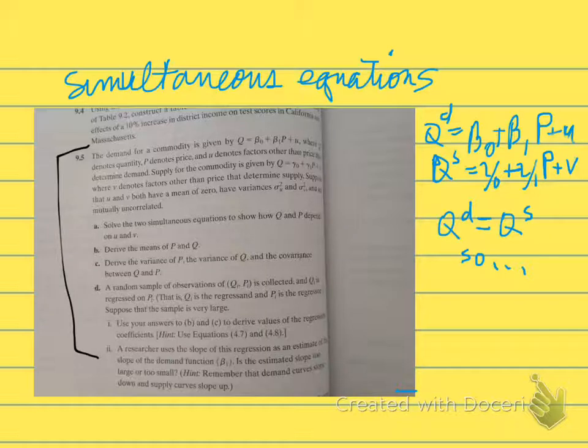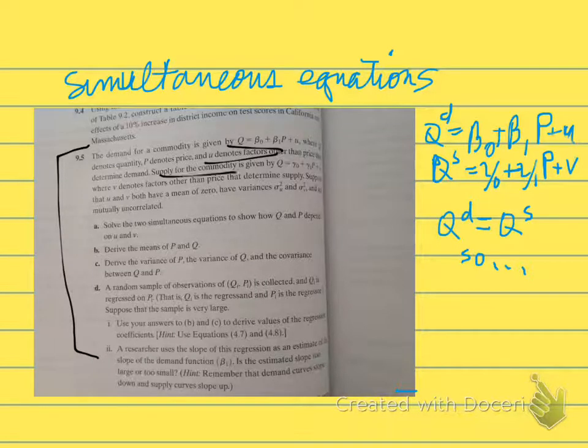So the question says, suppose the demand for a commodity is given by Q equals beta 0 plus beta 1 P plus U, where U is a random variable denoting other factors that influence the demand curve.